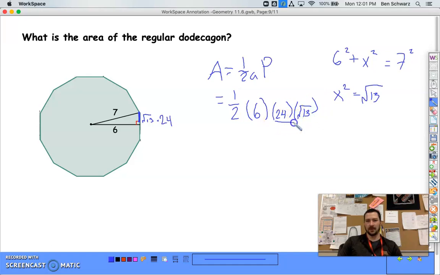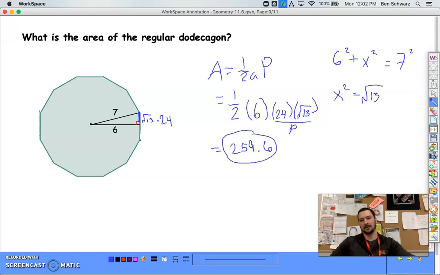This part here is our perimeter. So we multiply all that out, and we get about 259.6. And no units here, so we'll just leave it at that. So that's that one.